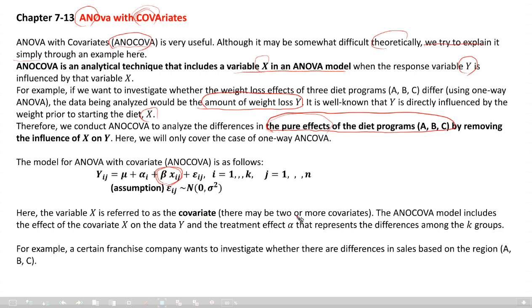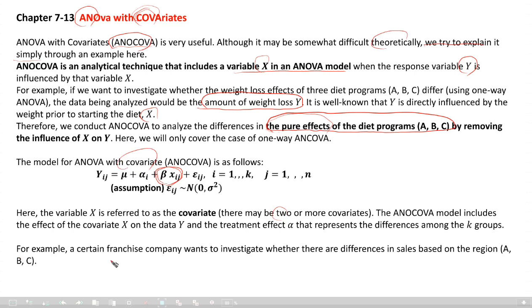There may be two or more covariates; if necessary, you can use two or three. The ANCOVA model includes the effect of covariate X on Y and the treatment effect alpha that represents the differences among the K groups, of course. You understand the model? It is not that complicated, but it is very effective.